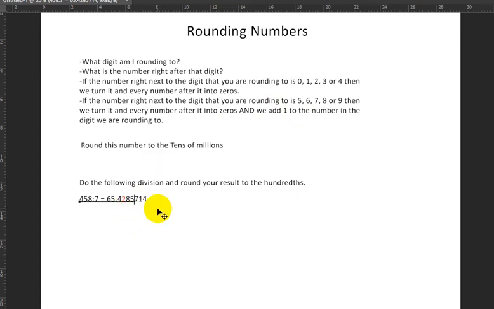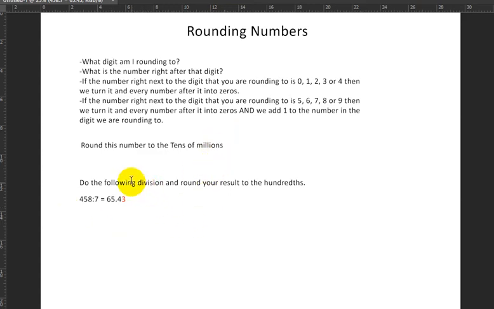Just turning all of these into 0, but also adding 1 to the digit that we're rounding. So the 2 becomes 3. And again, because it's a decimal number and the zeros are past all the numbers in the decimal part, we can just delete them. This becomes 65.43, which is more accurate than what we wrote before, where we wrote 65.4, but it's also less round.